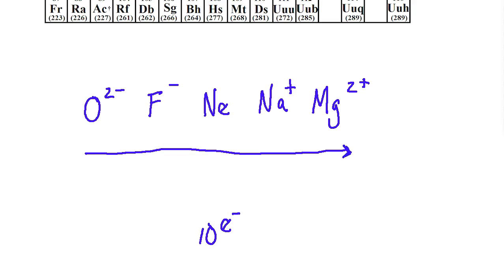So even though all of these have 10 electrons, the size is going to decrease as I go this way from ionic form. That is to say, my anions, O2- would be the largest, then F-, then neon, then sodium, then magnesium. I'm going to decrease in size as I'm moving along this way.